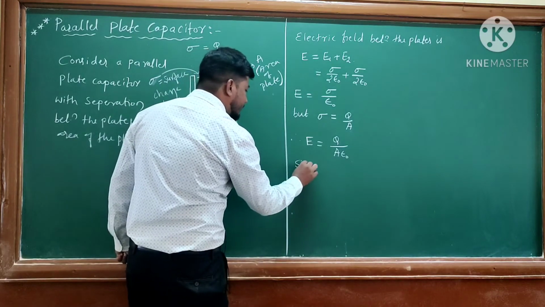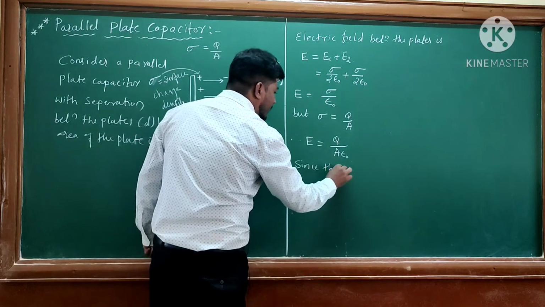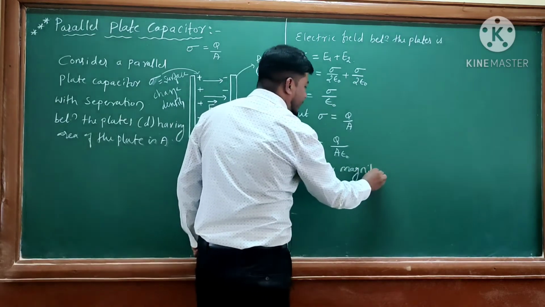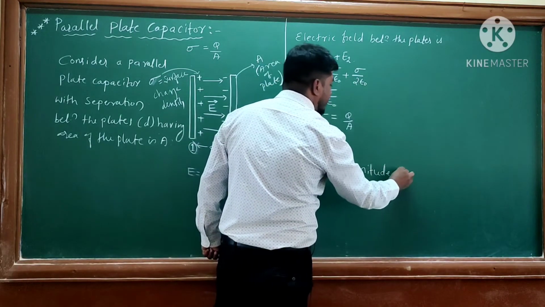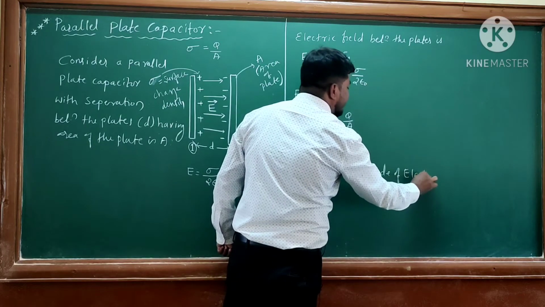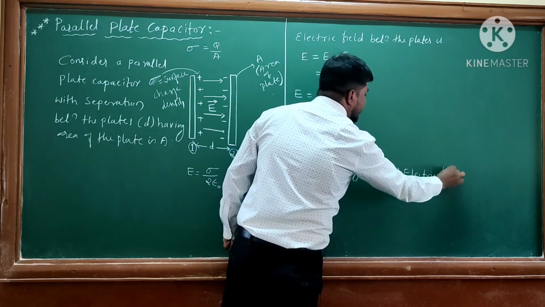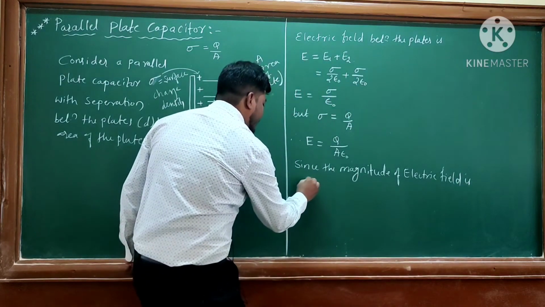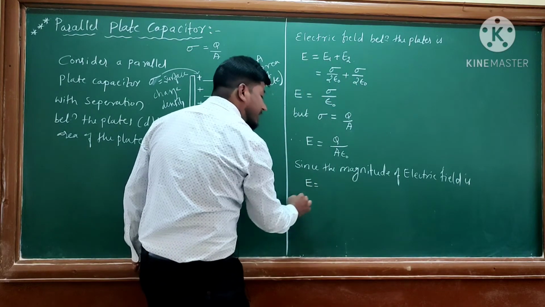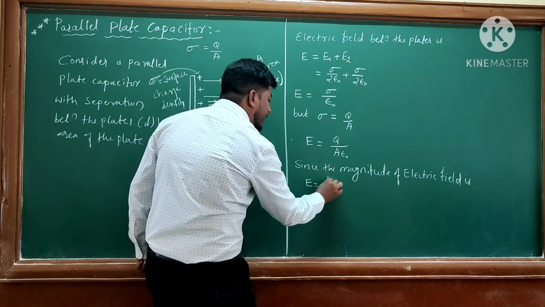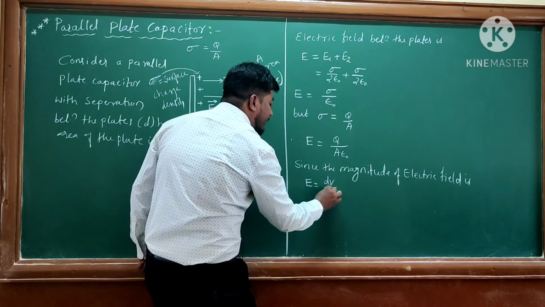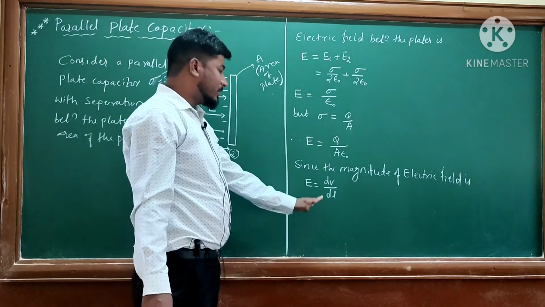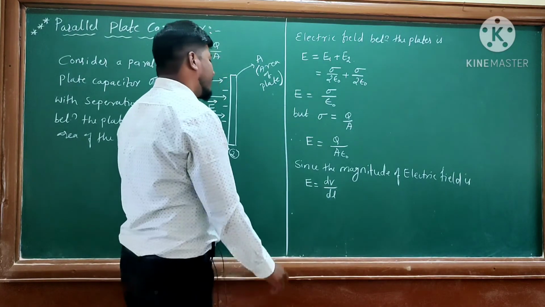Since the magnitude of the electric field, we know that E is equal to dV by dl. That is what I have studied here, the relation between the electric field and potential.